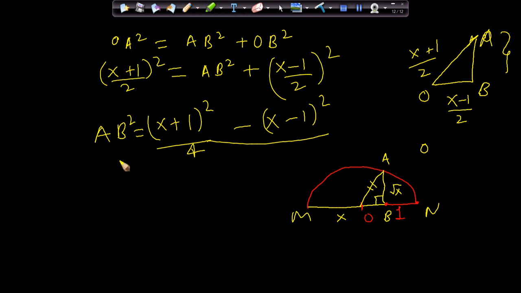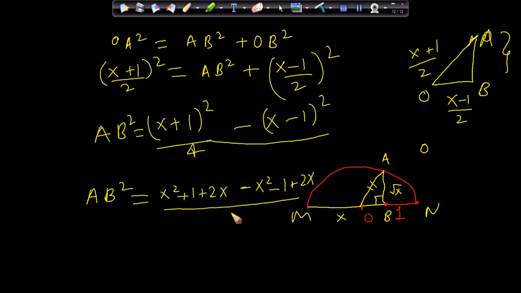So what is AB? AB square is x square plus 1 plus 2x minus x square minus 1 plus 2x, by 4.